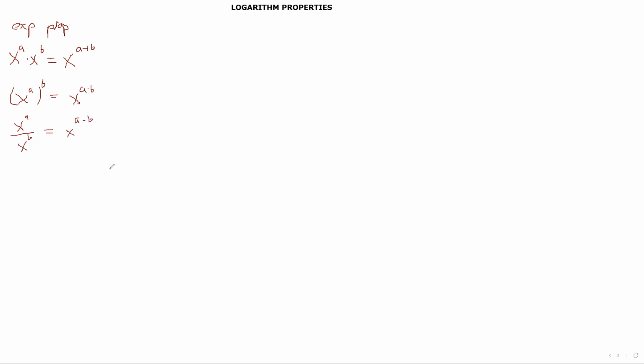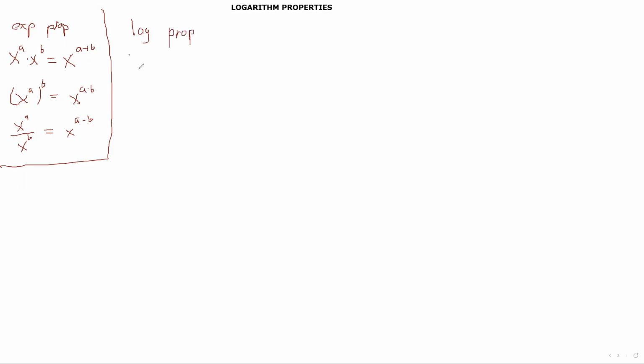And there are analogs to these in logarithms. I'm not going to get into the specifics of how they match up, but there are variations on this that are significant here. So log properties.